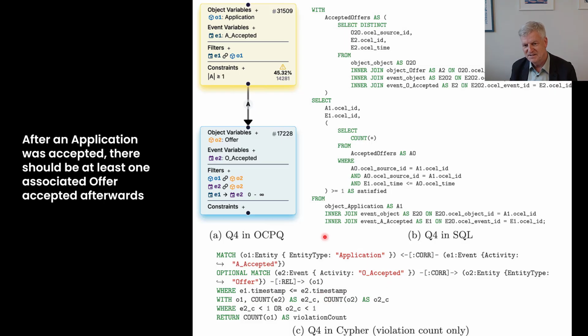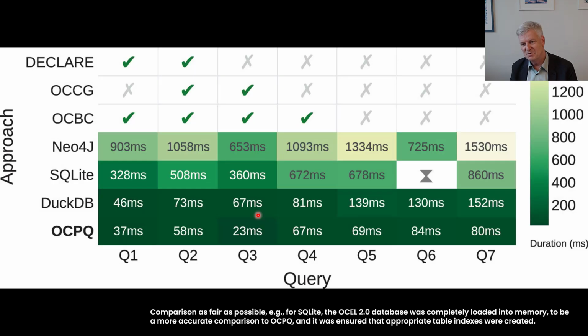The Cypher query looks more compact than the SQL query, but it is incredibly difficult to understand what is really happening, because there is no real usage of the event data specific constructs. So this is the usability argument. I hope that you agree that this is a more direct way of expressing this.